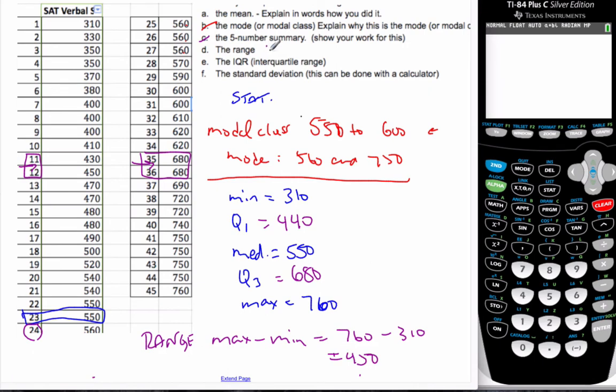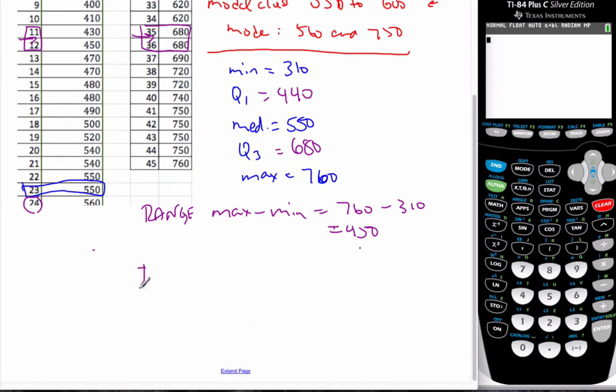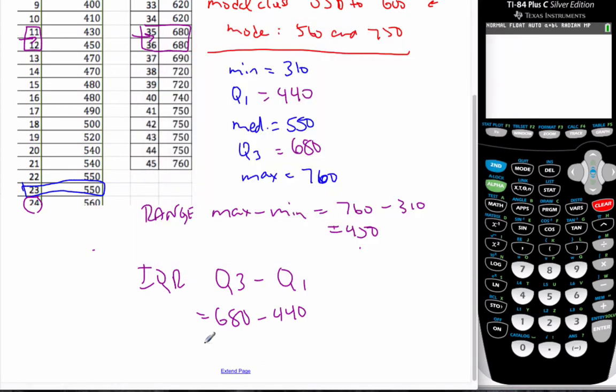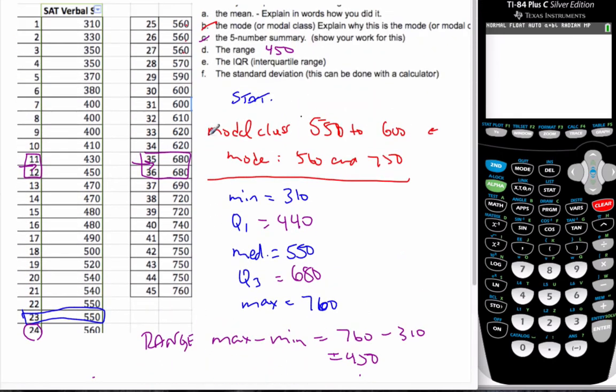The IQR, the interquartile range, is similar, but for that I take Q3 minus Q1, which is simply 680 minus 440, which gives me 240. 240 is the IQR. And that is these ones taken care of.